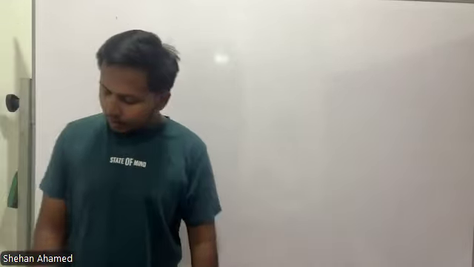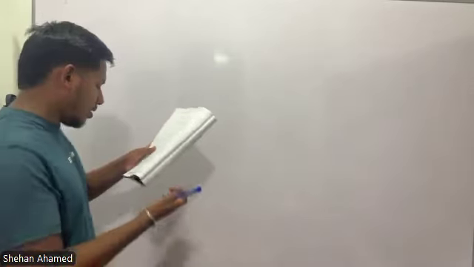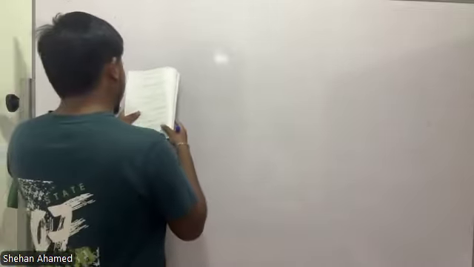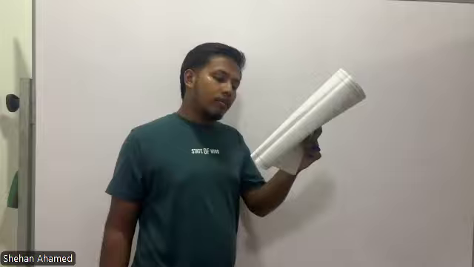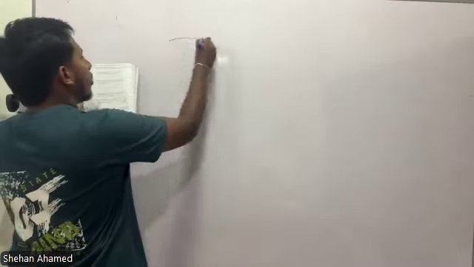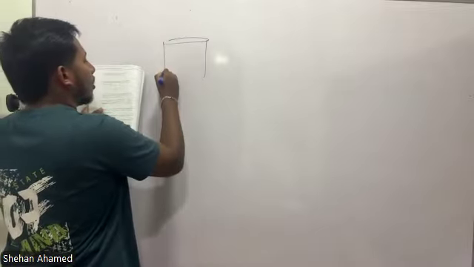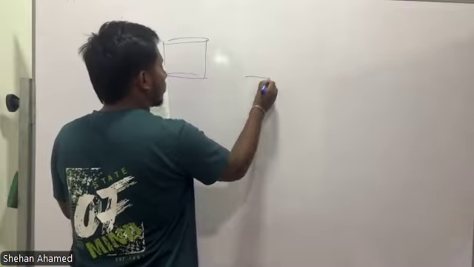Right. Let's start the discussion. Question number 14. The heights of two right circular cylinders are equal.